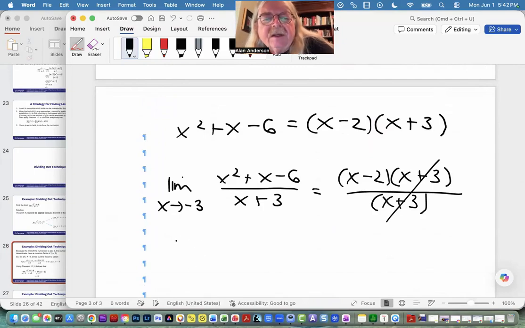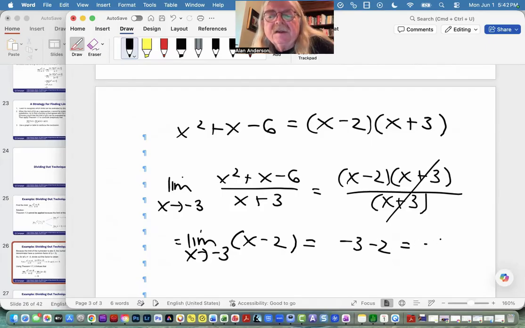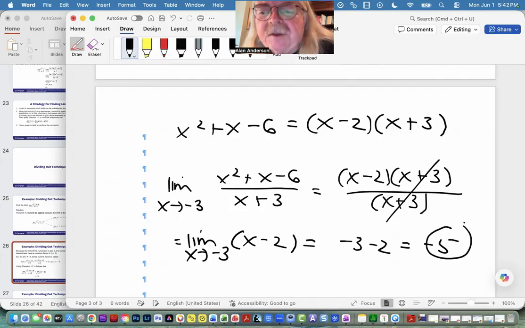But what we ended up here with is the result that this limit is the same as the limit of x minus 2. And now we just use direct substitution to come up with -5. And you can see from the graph in Symbolab that's exactly right.